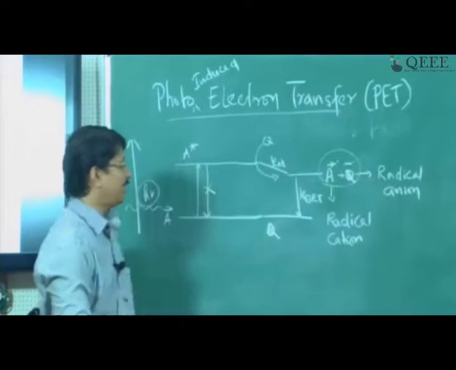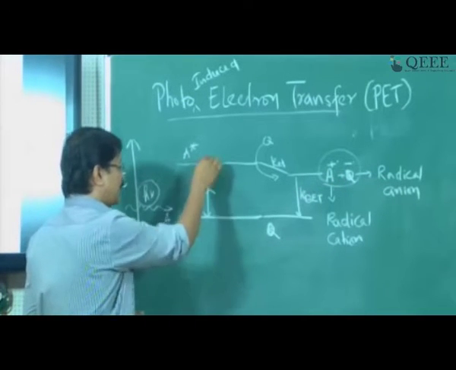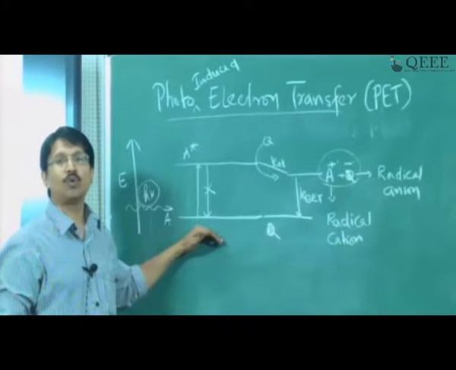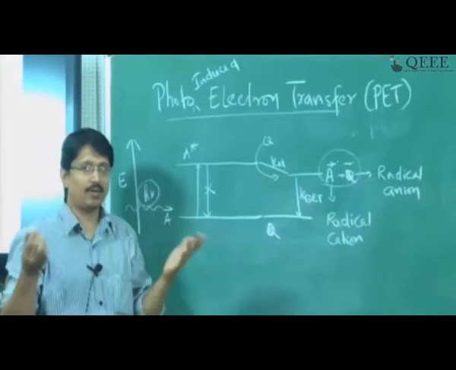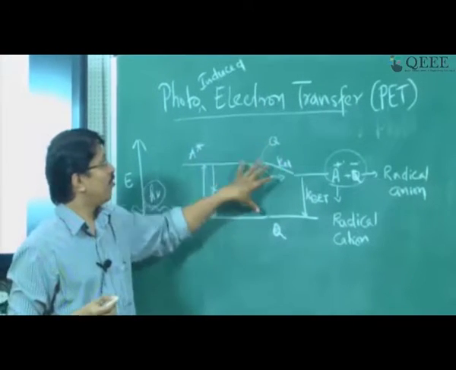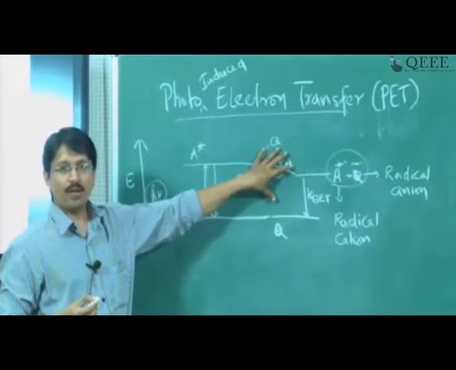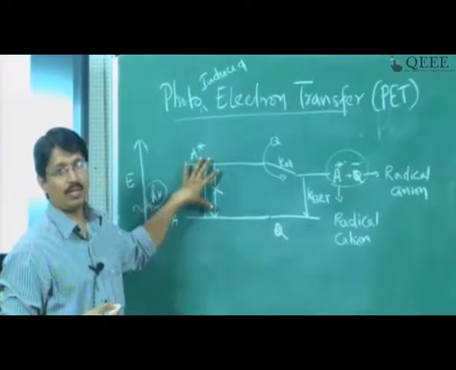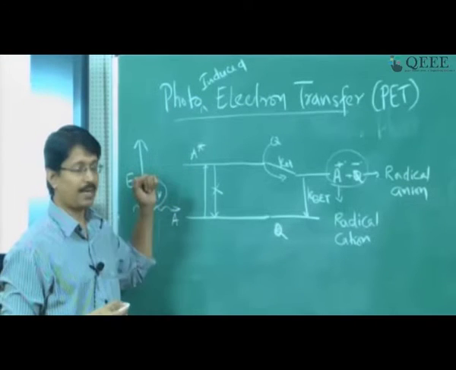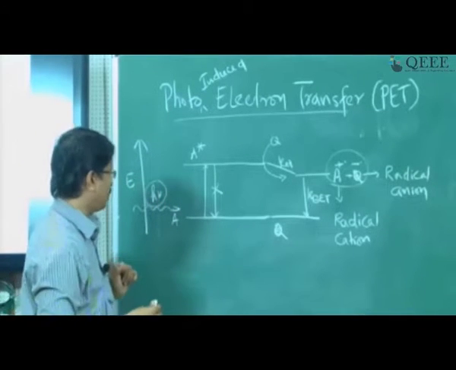As a direct effect, the number of A star coming back to A will reduce, that means fluorescence intensity will reduce, or in other words fluorescence quenching will happen. So photoinduced electron transfer will basically result in emission quenching from this fluorophore. That is the mechanism.